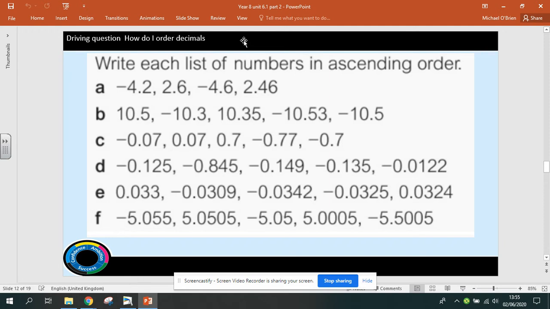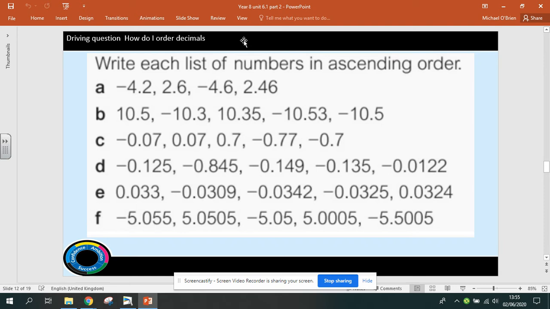Okay, right, put each list of numbers in ascending order. That means from the smallest to the biggest. So the first thing we have to do this time is find the smallest number, then the next biggest number, and so on.